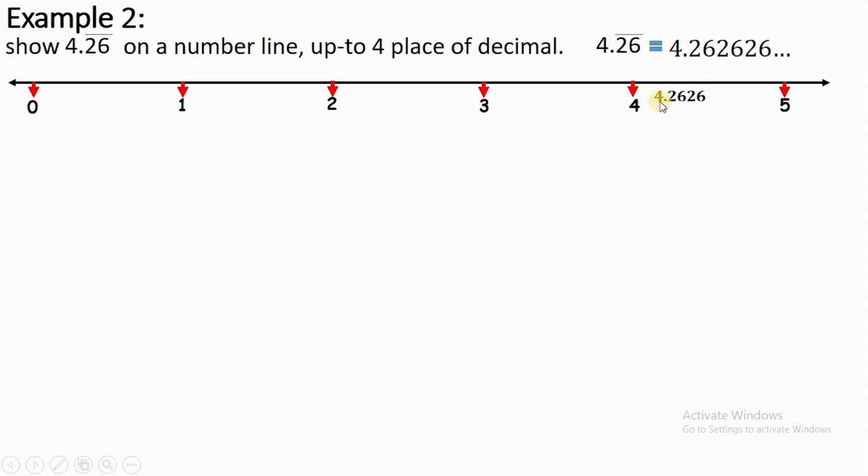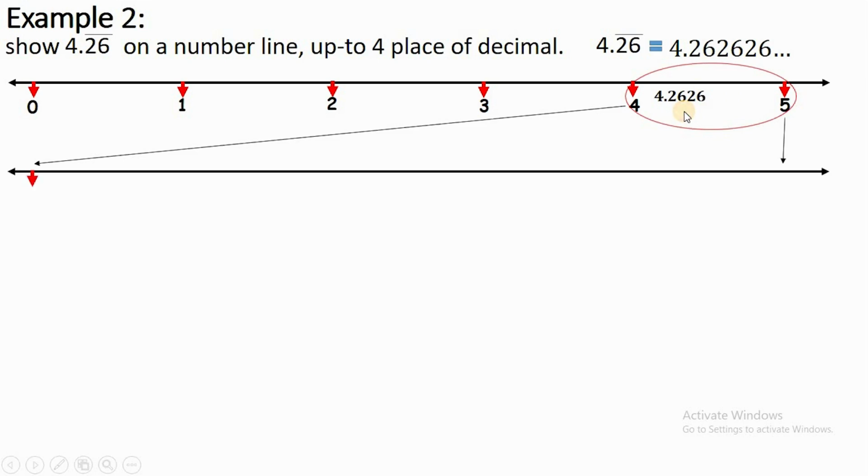Again we'll zoom in this portion of the number line. We'll write 4 here and 5 over here, and we'll divide the given line in 10 equal parts. And these represent 4.1, 4.2, 4.3, 4.4, 4.5, 4.6, 4.7, 4.8 and 4.9, and last we have 5.